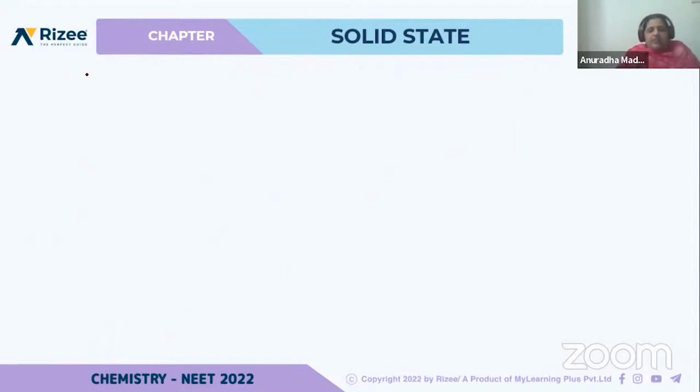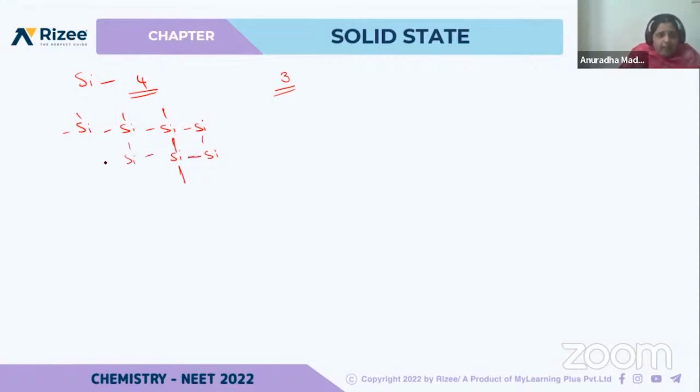But the difference here is silica shows valency 4, whereas group 13 shows valency 3. Then what happens? In the previous case, silicon is bonded in a crystal like this, forming 4 bonds as it has valency 4.